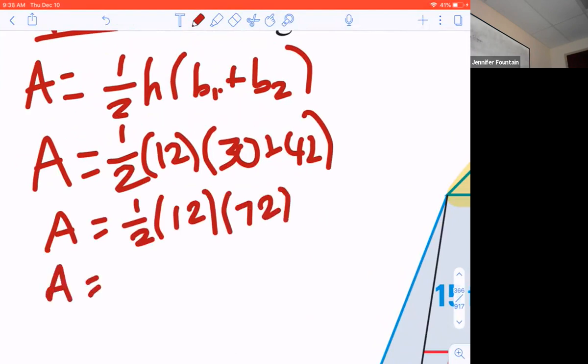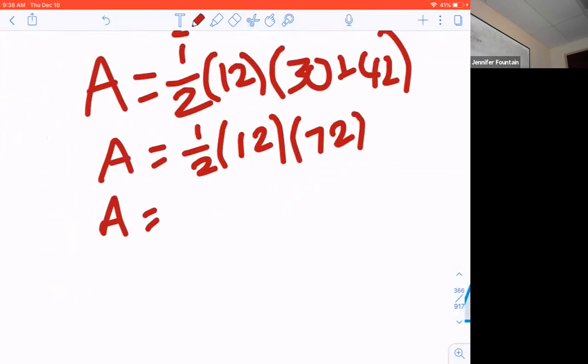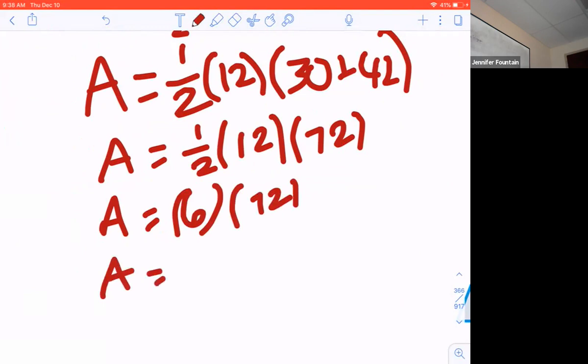So now I've got 1/2 times 12 times 72. What I like to do is cut one of those numbers in half. What is half of 12? 6. So now I have 6 times 72.